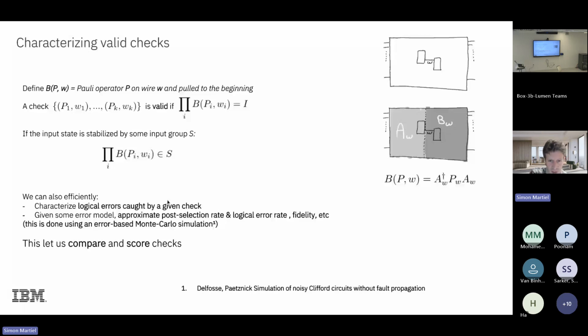And for this, we can use this very nice result by Nicolas Delfosse and Adam Paetznick to speed up quite a bit the Monte Carlo simulation. Instead of forward propagating errors, we can backward propagate checks and use this to reduce the number of times we have to backpropagate Pauli gates.